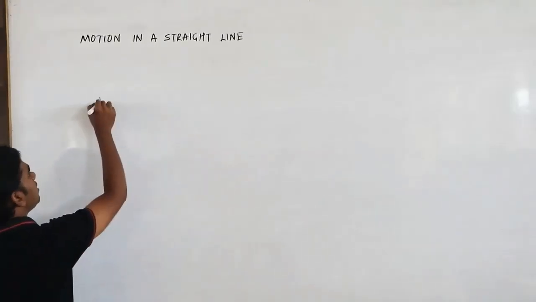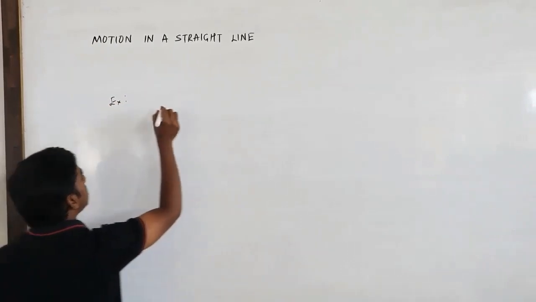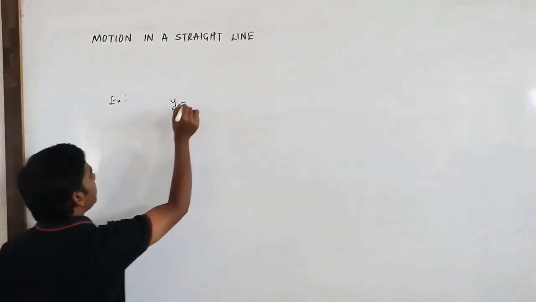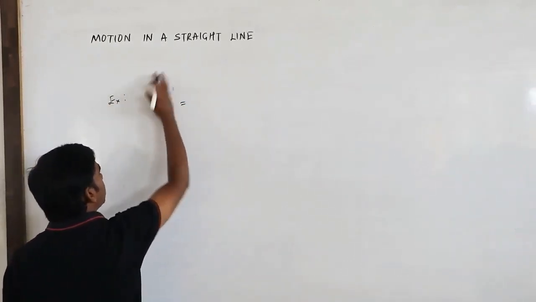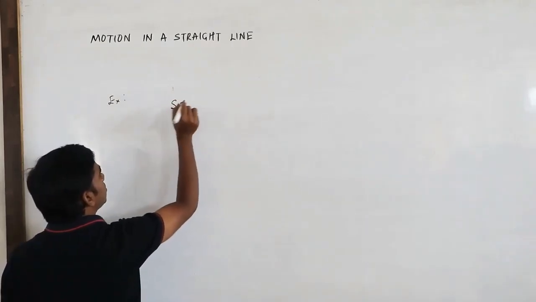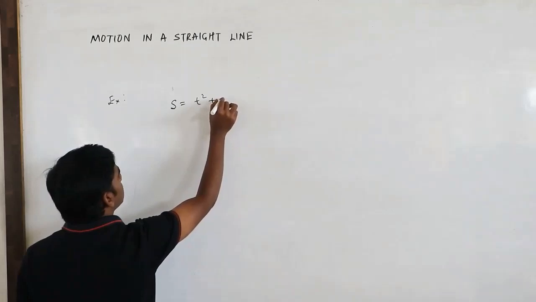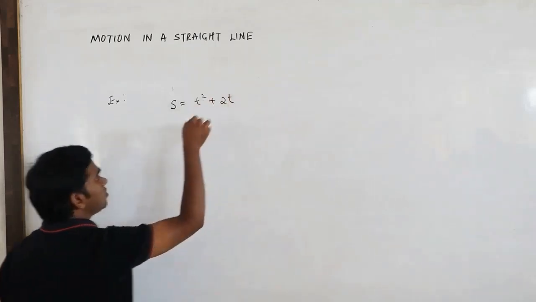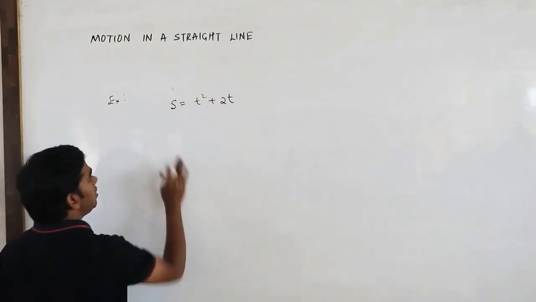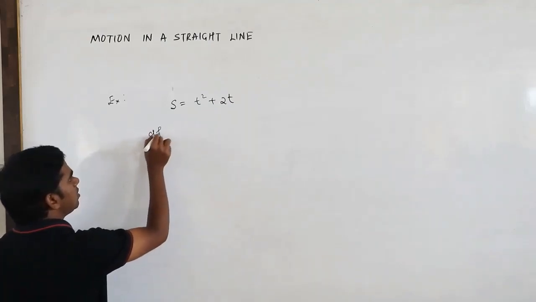So again I will take an example. Suppose I take s equals t square plus 2t. So differentiate with respect to what?